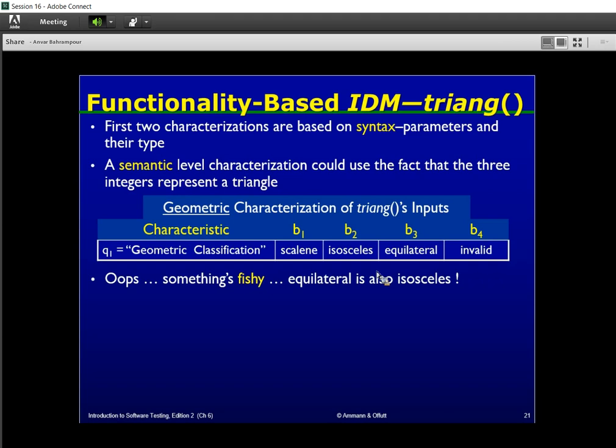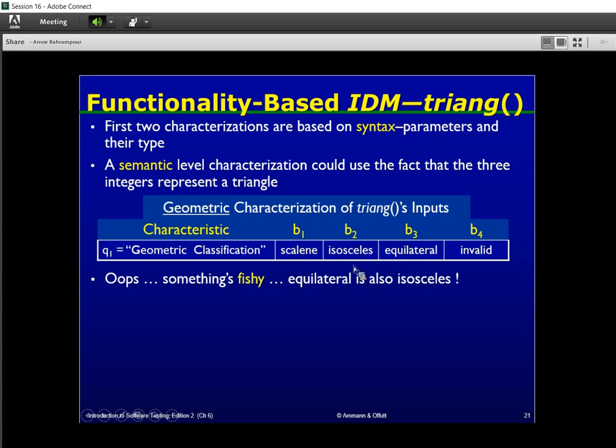Yes, they could have some values in common, because each equilateral triangle is also an isosceles triangle, because in this type of triangle all three sides have the same value.